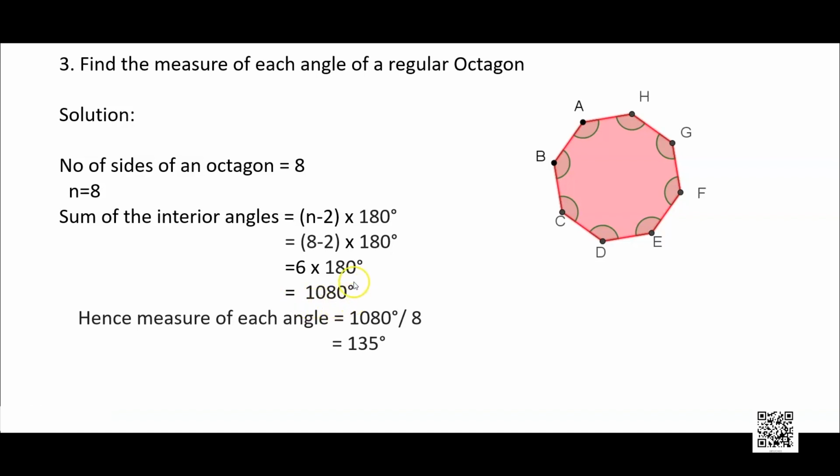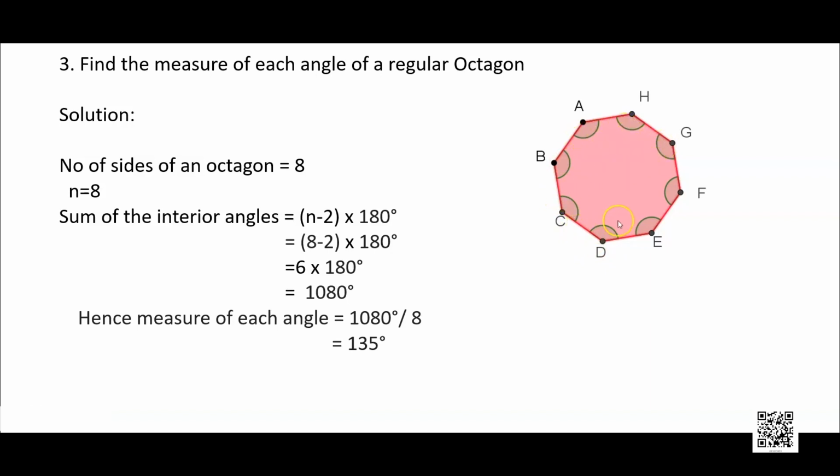Now this is not the answer we want. This is the sum of the interior angles of this given regular octagon. How many angles do we have here? Yes, we have 8 angles and they are all equal. So when I tell they are all equal, how do I get each of these angles?